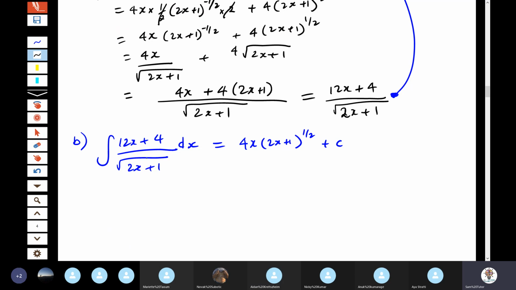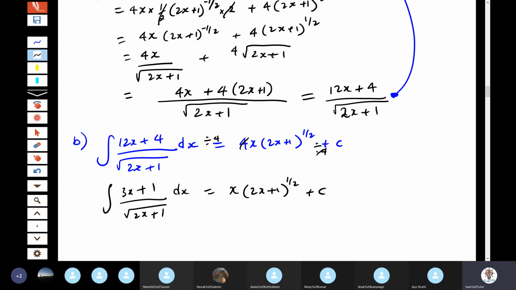If I divide this by 4 and divide this by 4, that means technically this becomes the integral of 3x plus 1 on square root 2x plus 1 dx, which equals 4 divided by 4 cancels out. I'm left with just x times (2x plus 1) to the power of a half plus c. Happy with that?